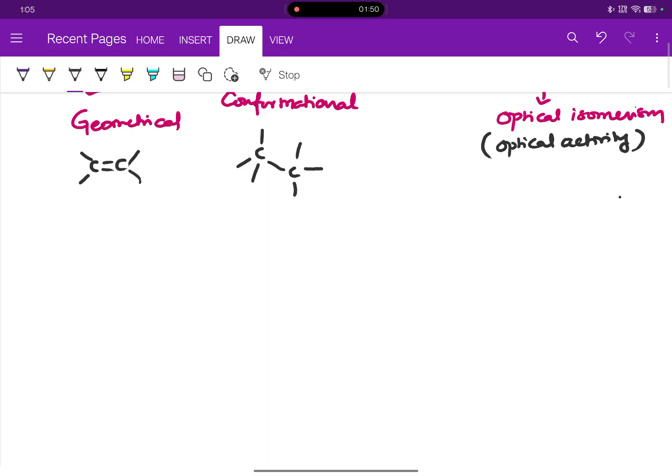So when you say geometrical, it happens in case of alkenes. So this is based on the location of the groups in a C double bond C carbon.